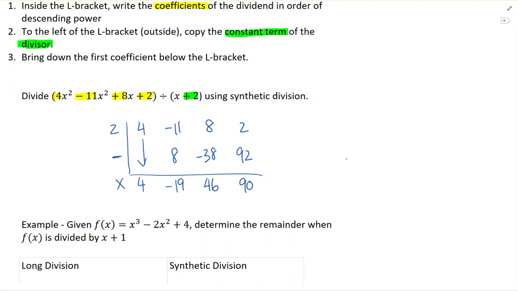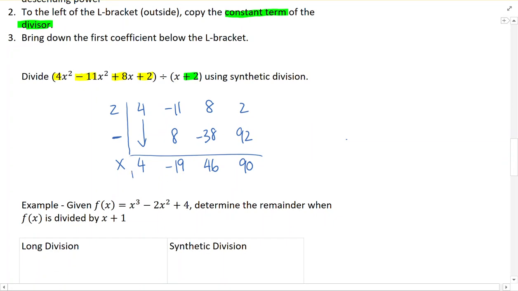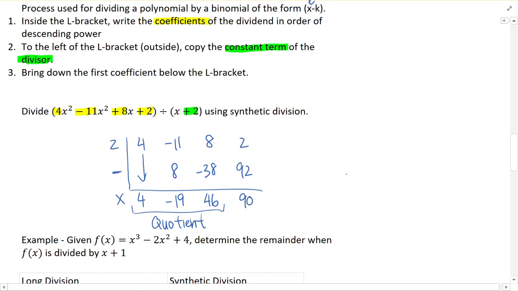Now, what does this mean, right? So here is basically our quotient. Okay, I'm just going to leave it there. And this number here is our remainder. Oh, sorry, missed a negative sign here. Okay.